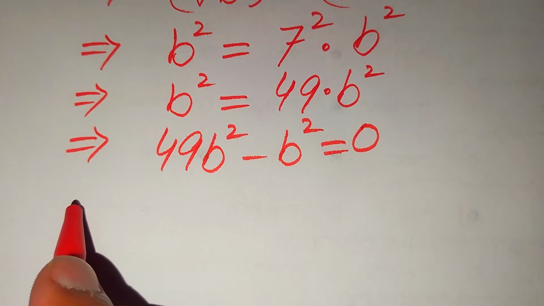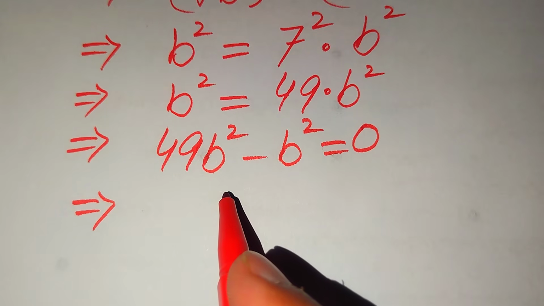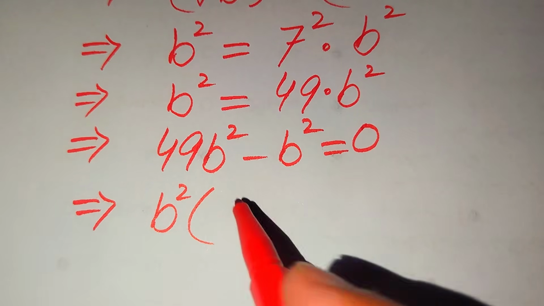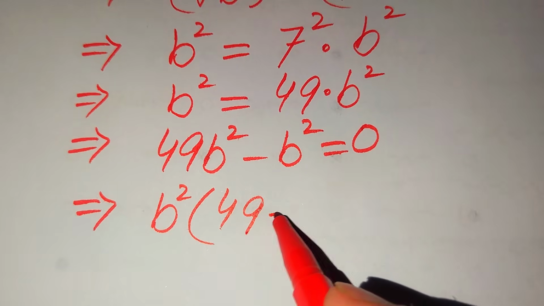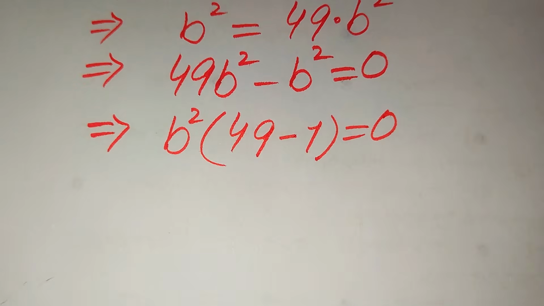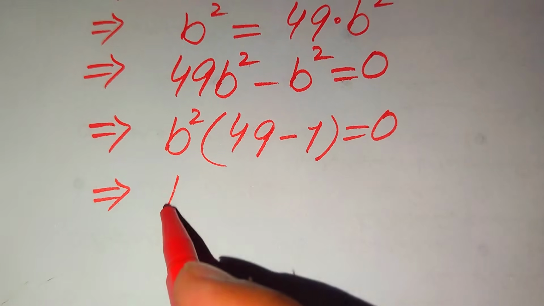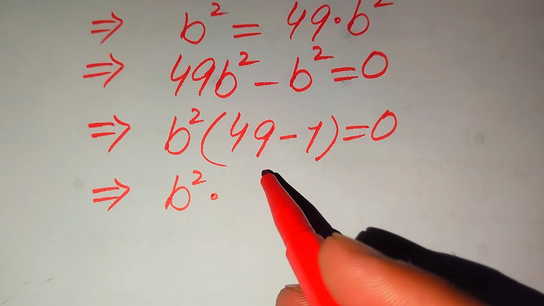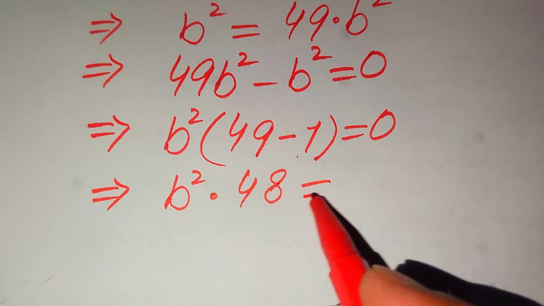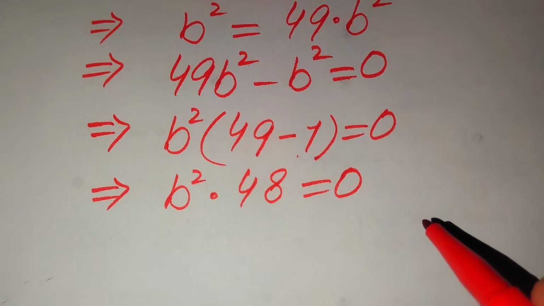And this whole equation equals 0. Now you see that both of these two terms involve b squared, so we take b squared common from here and the remaining values are 49 minus 1, and this whole equation equals 0. So we rewrite this equation as b squared times 48 equals 0.